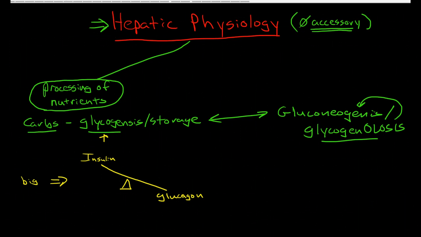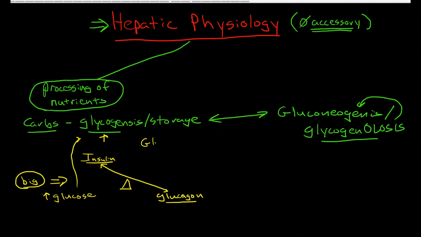You have a big meal, your portal vein is packed full of carbohydrates, and the pancreas has been stimulated by the presence of glucose in the GI tract to produce insulin, while glucagon secretion at the same time is being suppressed. So we have more insulin, less glucagon, and lots of glucose available to the liver. So the liver produces glycogen.